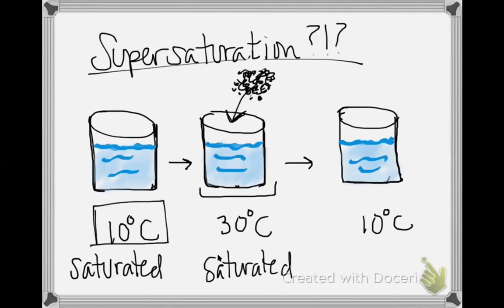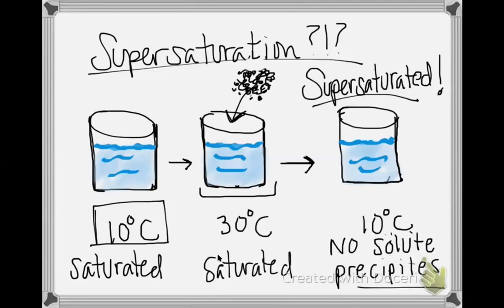Okay, so far so good, 2 saturated solutions. Where does the supersaturation come in? If I can cool that solution from 30 degrees back down to 10 degrees and no solute precipitates out, then I have a supersaturated solution.